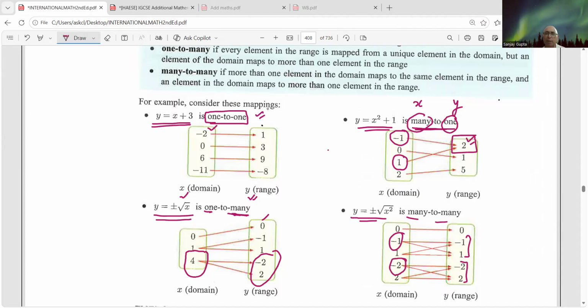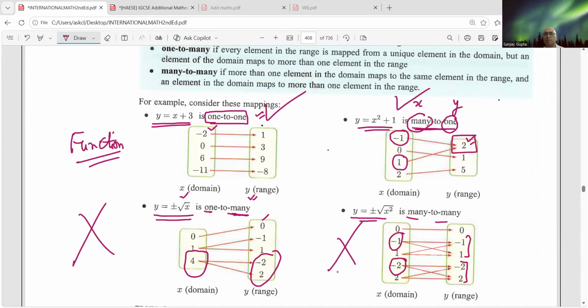Now out of these four mappings, the first two are called functions. These mappings are classified as functions, whereas the next two are not functions. Right? So the idea is that we should not get many here.